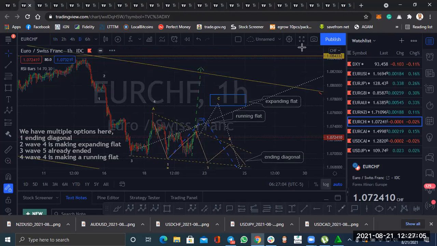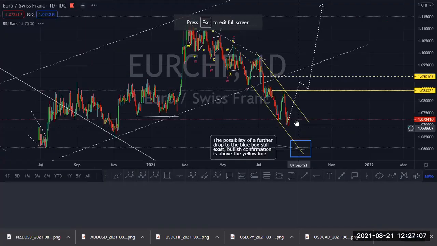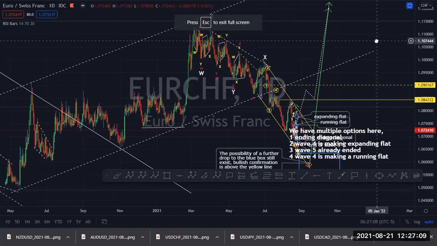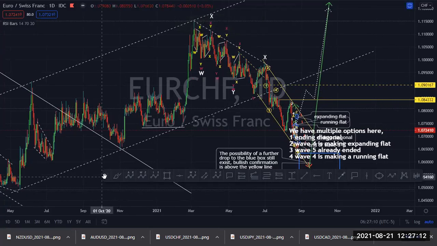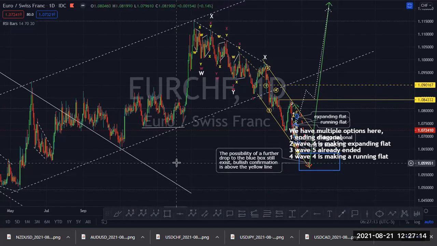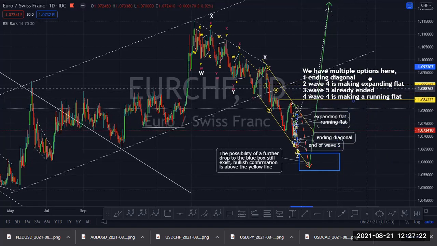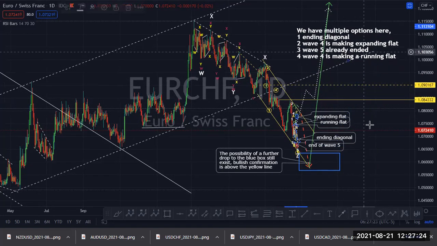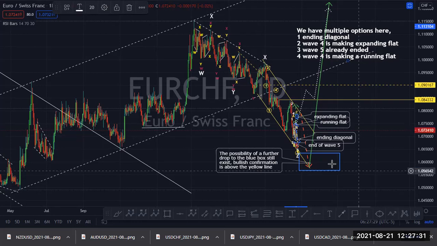USD on daily charts. On the daily chart, we expect a further move. The USD daily chart suggests we might have a further move towards this blue box.